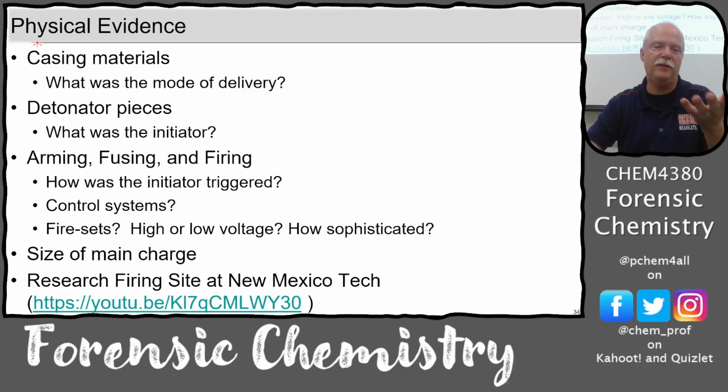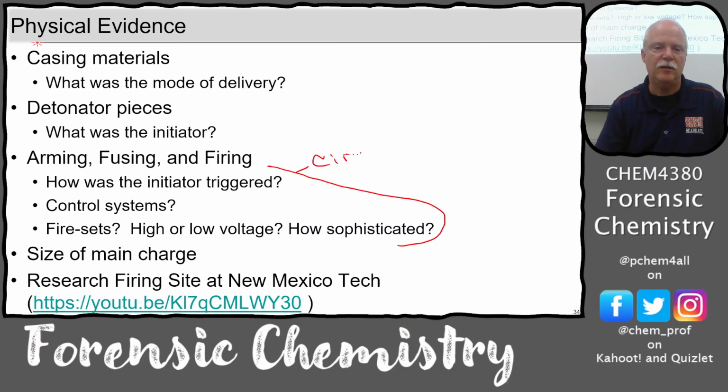Then there's, again, if it's an explosive, what was the initiator? What was the detonator? And then here's where a lot of the evidence comes in these types of situations is the arming, fusing, and firing. Okay. Was it a circuit board, a watch, a cell phone, a kitchen timer?